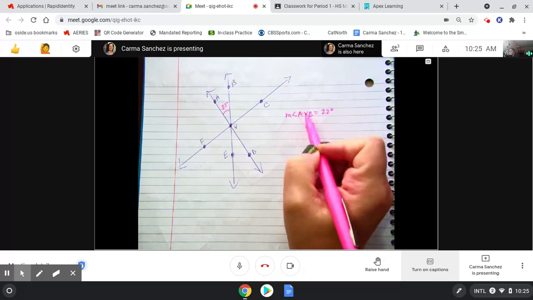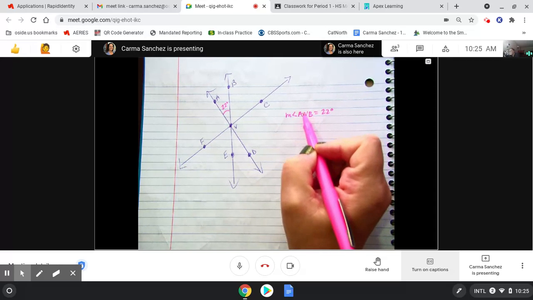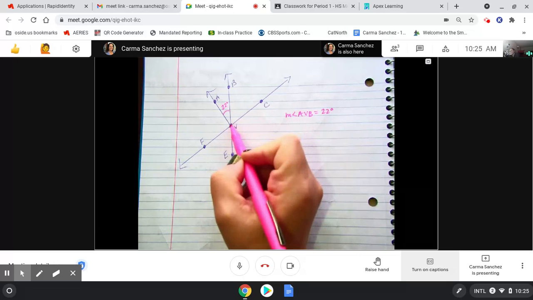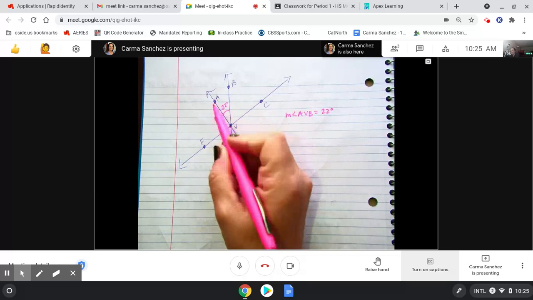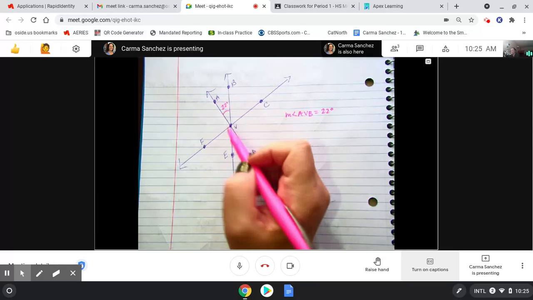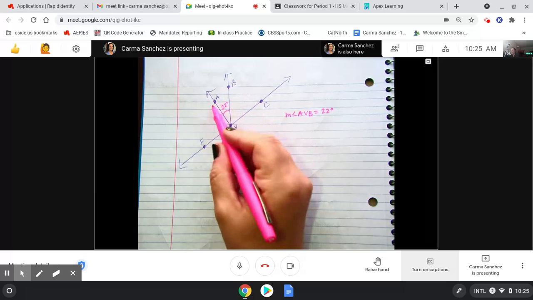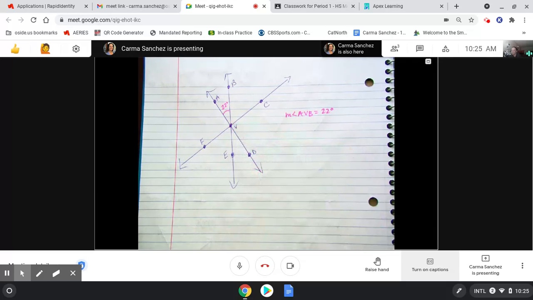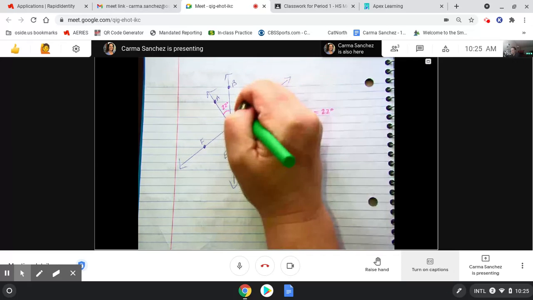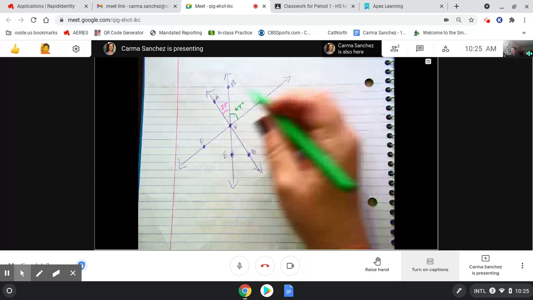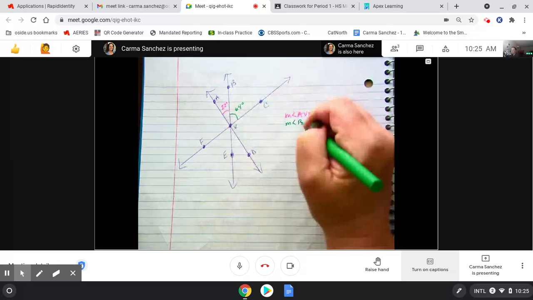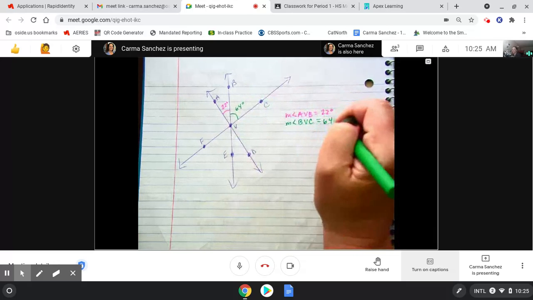It's a three-letter name where the center letter always needs to be your vertex. So I could call this angle AVB, or I could call this angle BVA, but it needs to have the V in the center. Second, I'm given that this angle over here is 64 degrees. The measure of angle BVC is equal to 64 degrees.